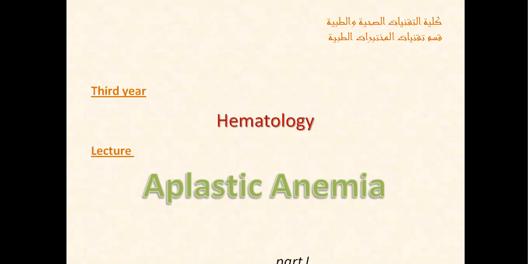Bone marrow failure is a term with a broad meaning, referring to disorders of the hematopoietic stem cell, which involve either one cell line or all of the myeloid cell lines.